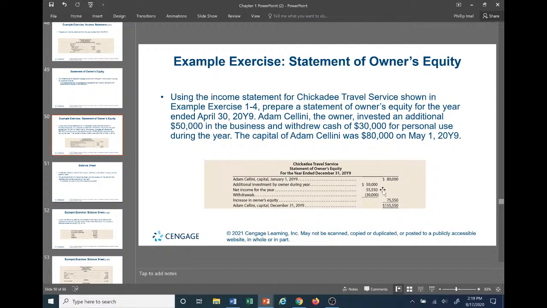Then it is accumulated in the statement of owner's equity to account for the changes. So obviously this ending balance at December 31st, 2009 is going to be our beginning balance for the next year, 2010. And then we're going to go through the same song and dance over and over. That's how this works.